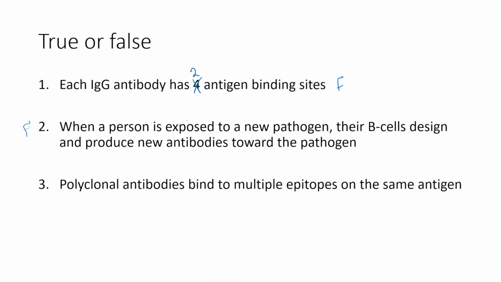Your body makes all kinds of different, basically randomly generated B cells that can recognize almost anything. There are millions and millions of different B cells in your body that can recognize millions and millions of different things. And so when a pathogen enters your body, one of the B cells that you've already made will already have an antibody that happens to recognize that pathogen just through essentially random recombination.